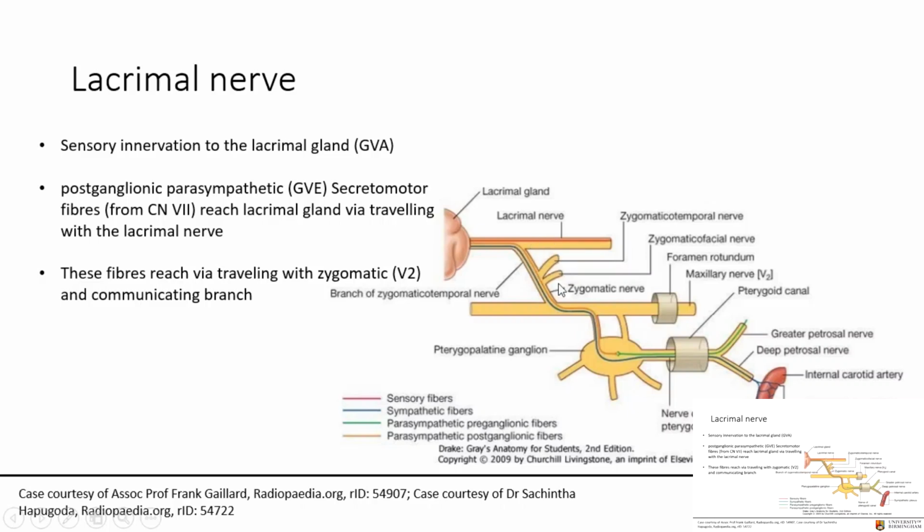So this is what you can see here in orange. So that is preganglionic fiber, ganglion, postganglionic fiber to the lacrimal gland. And we can see as well these ones that are coming from the sympathetic chain and hitchhiking as well this nerve.